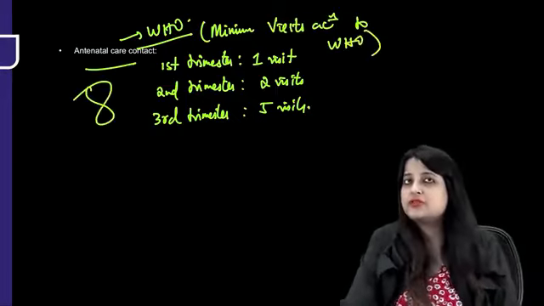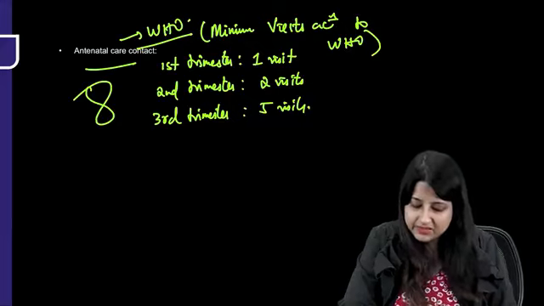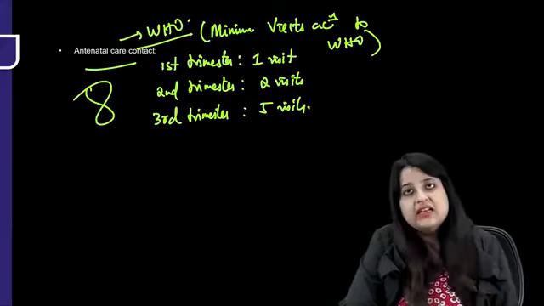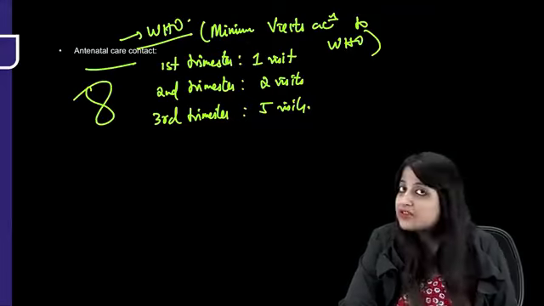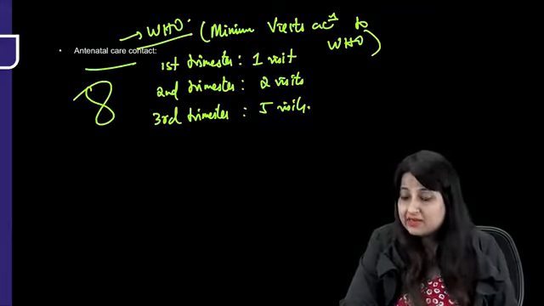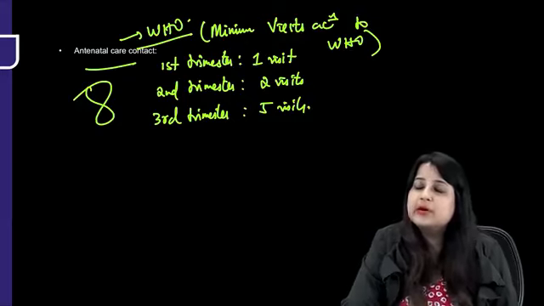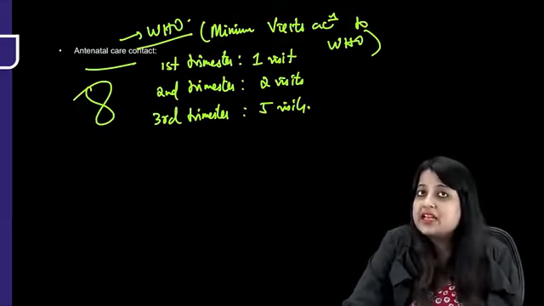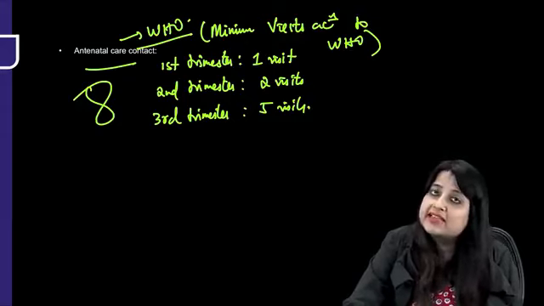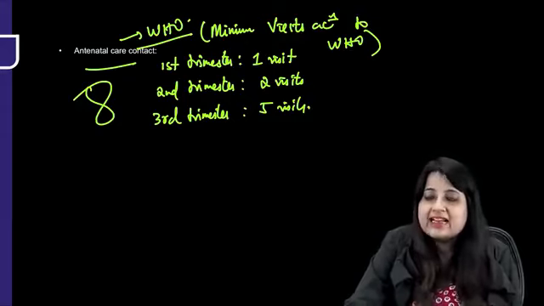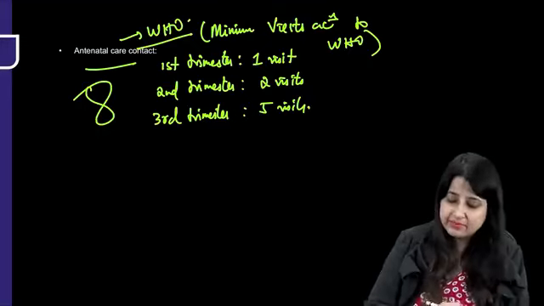So first trimester 1 visit, second trimester 2 visits, and the third trimester 5 visits. Pay attention to the question very clearly. Minimum visits according to WHO 8, minimum visits according to Government of India 4, and if it mentions antenatal care contacts, we are referring to the ANC visits only, so that again becomes 8.